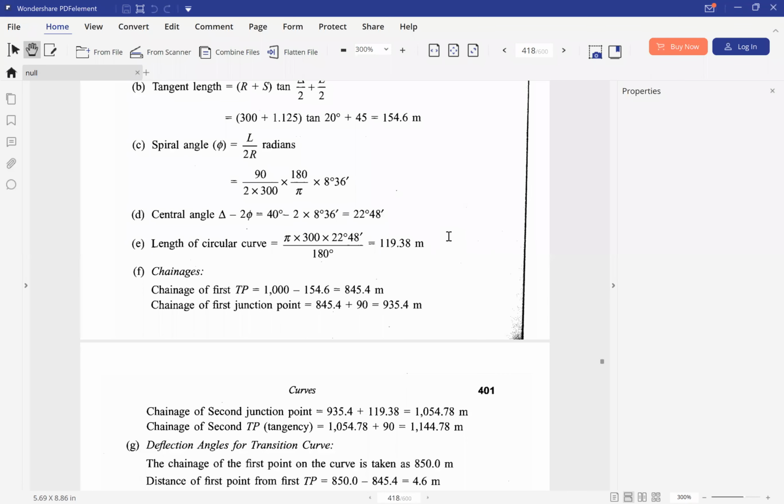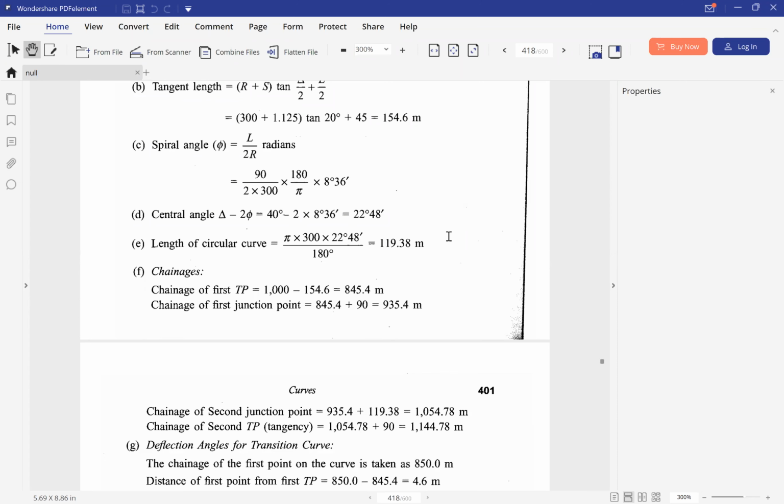Then we have the chainage of the first junction point, that is where the first transition curve ends and your circular curve begins. So that is equal to the chainage of the starting point plus the length of the transition curve. So the chainage of this starting point, that is 845.4 that we have calculated, plus 90, the length of the first transition curve. So the value comes out to be 935.4 meters, right?